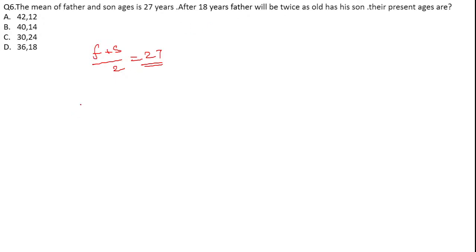So after 18 years, f plus 18 will be twice of s plus 18. So from here we can get f plus s equals 54, correct.